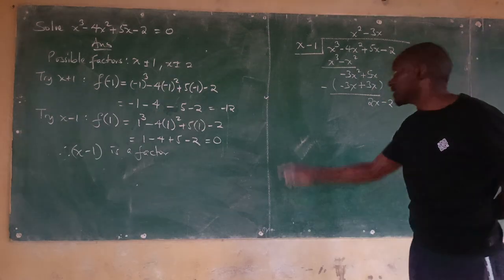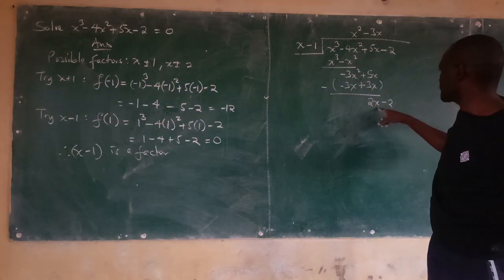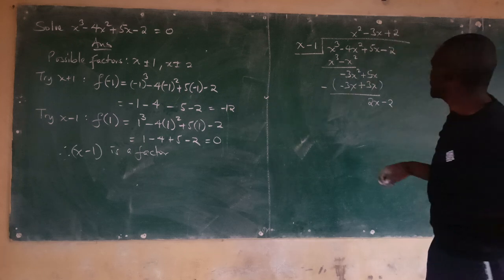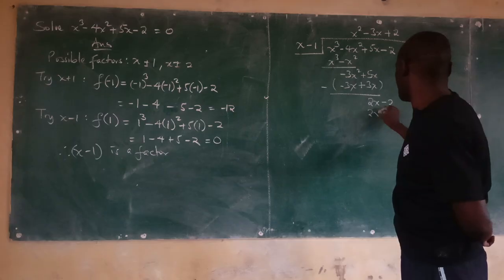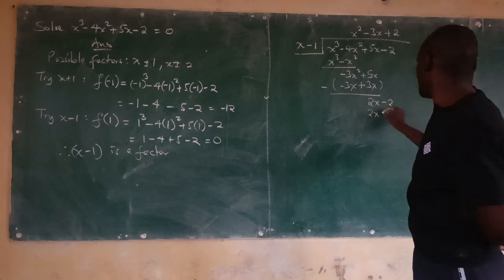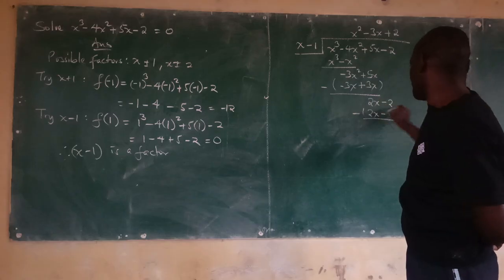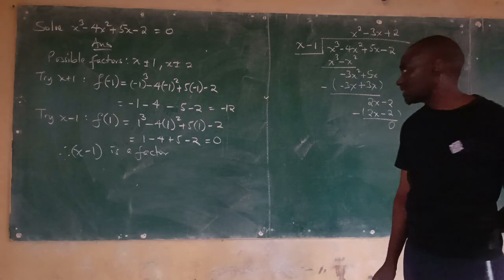At that stage again, we divide the x into 2x. That gives us positive 2. Then we multiply: 2 times x is 2x, 2 times negative 1 is minus 2. If we subtract, this is 0, that is also 0. So it means it has ended.